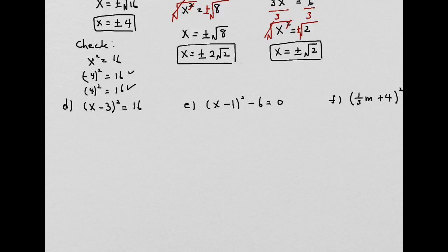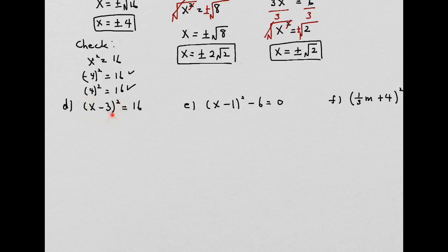Let's look at the same type of problem, but it looks different because you're starting with parentheses. So let's see, x minus 3 squared equals 16. Remember I said you want to start with one side having the square term only. And when we look at this problem, even though you have 2 terms, everything inside of the parenthesis is squared.